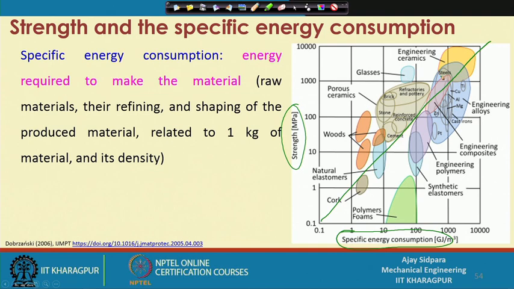Now think about how much time, because whatever energy consumption you put here will be directly converted into cost and time, right. Both are important, because you cannot ignore this when you are making a machine, as it is directly connected with cost. If you want a very stiff structure and you do not want to sacrifice any strength of the material, then you have to go with a high specific energy consumption material, and cost will directly go up.